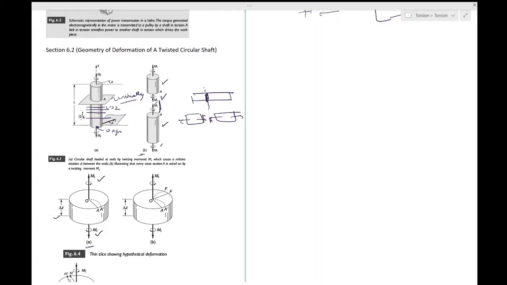And most of them are circular anyway. In engineering problems, most of the shafts are circular. So you have this figure 6.4, which has an originally straight radius OA. So you can see this radius OA, originally straight, shown by the straight line.